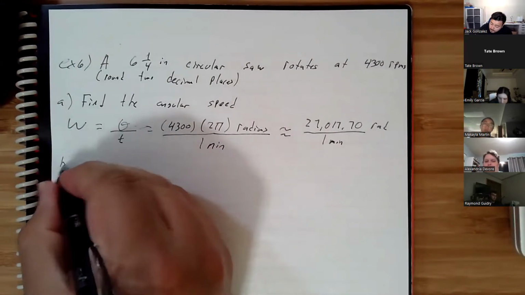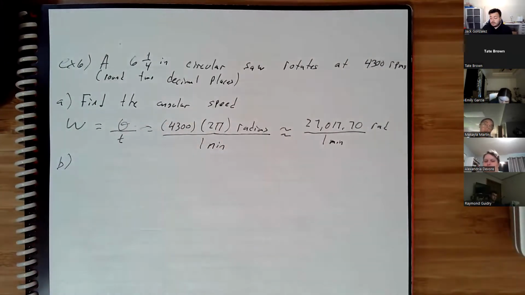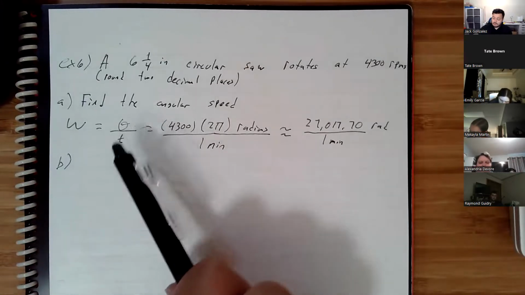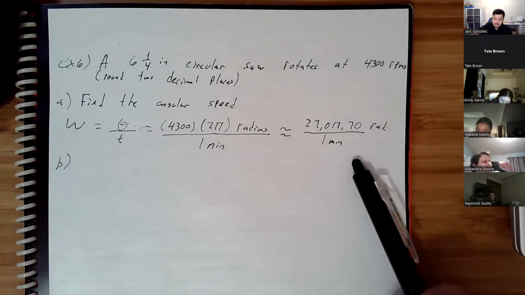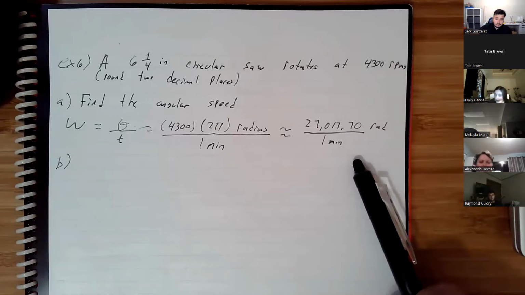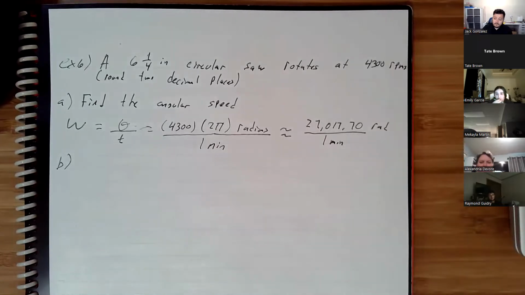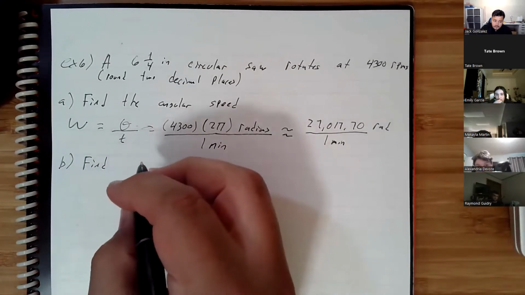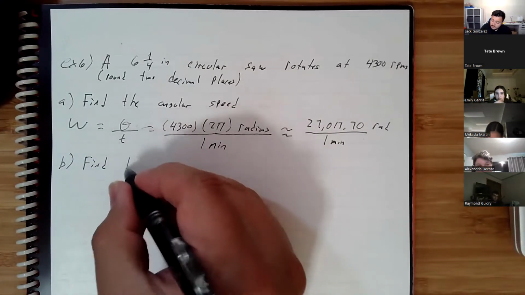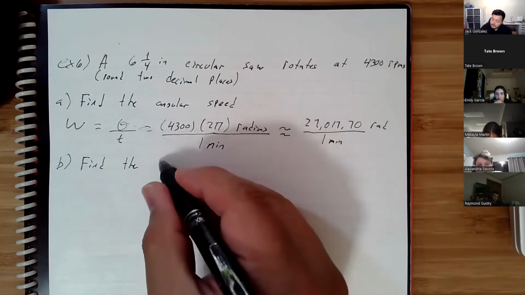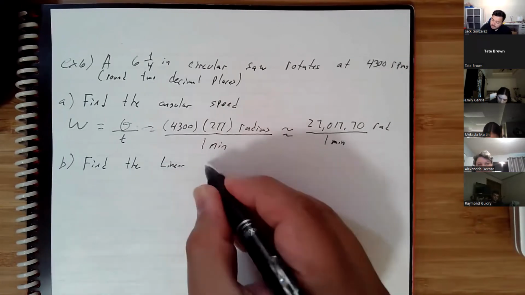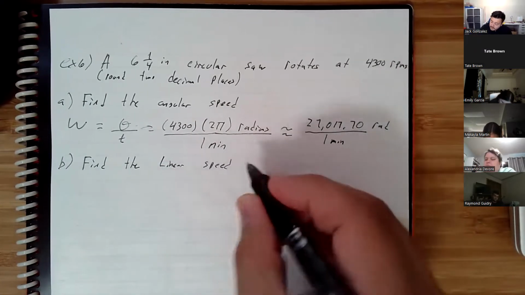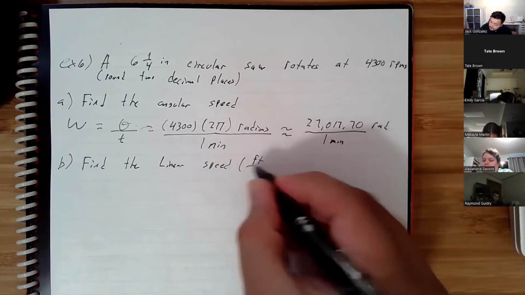Part B. Any question on part A? We got angle over time, radians per minute, so we're good. Part B: find the linear speed, which is in feet per minute.